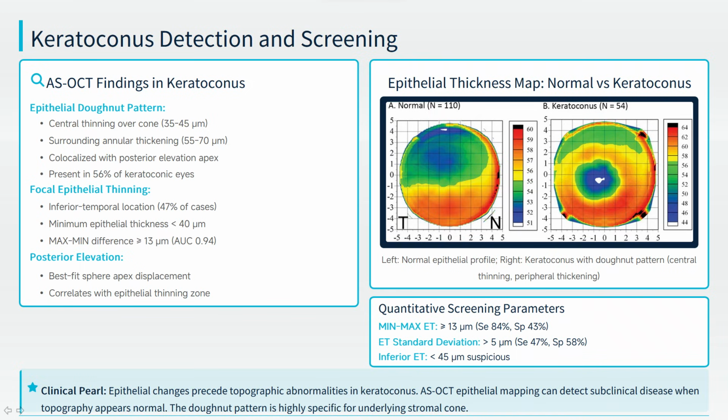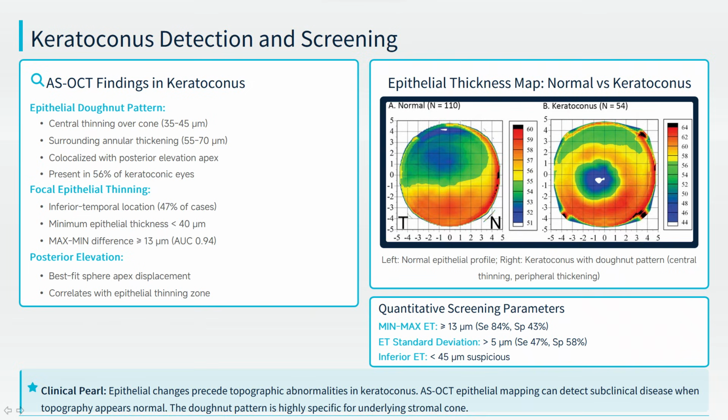Epithelial mapping is a very important part, because as you know the epithelium is not a passive structure. It is an active remodeling process that smooths the shape of the cornea, so that it thins over the bulging area and thickens over the reduced thickness of the stroma.